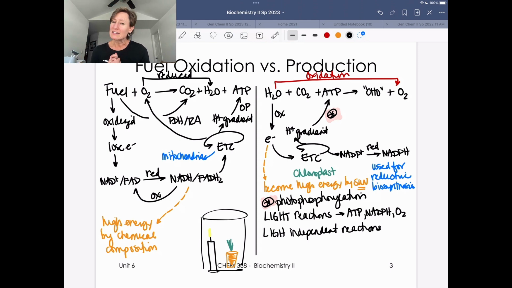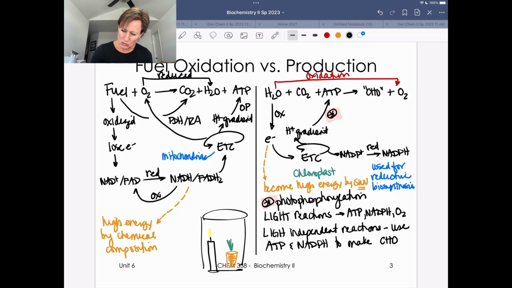Now, when we learn the details of this, we're not plucking individual carbon dioxide molecules and putting them together, but the net is taking carbon dioxide out of the atmosphere, hooking it to molecules that become carbohydrates. Okay, so the light independent reactions are going to use ATP and NADPH to make carbohydrates.